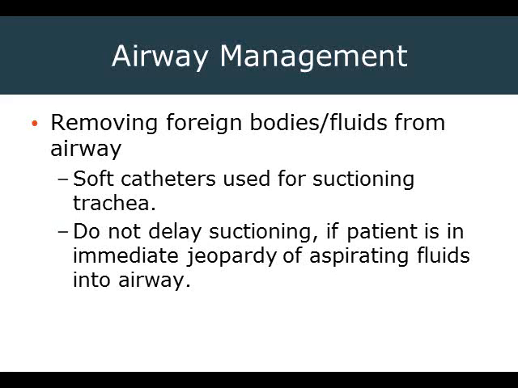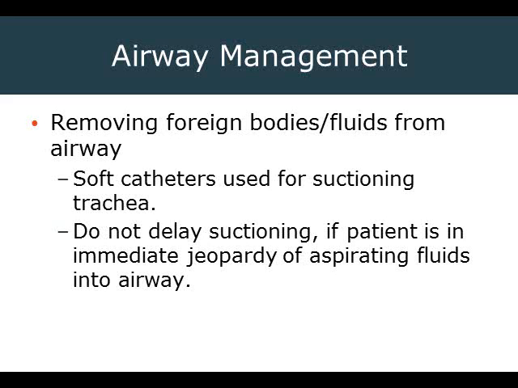French suction catheters, or flexible catheters, are measured in the French system, and 1 French is equal to 1/3 of a millimeter, so 0.33 millimeters. Therefore, a size 16 French suction catheter is 5 1/3 millimeters, and 18 French is 6 millimeters in diameter.